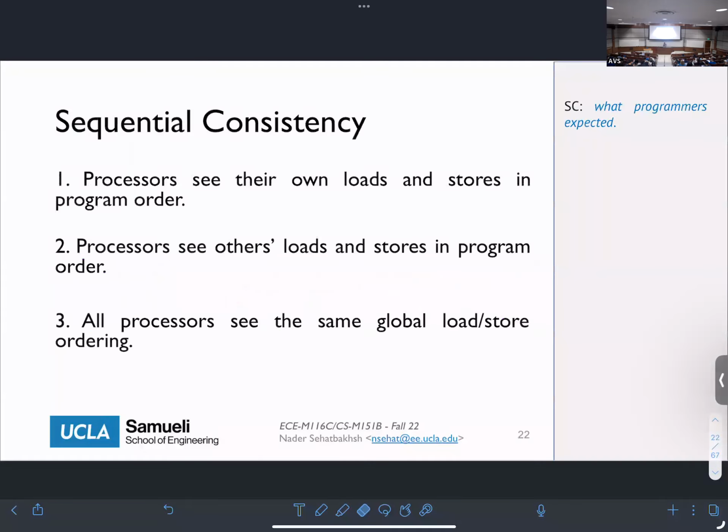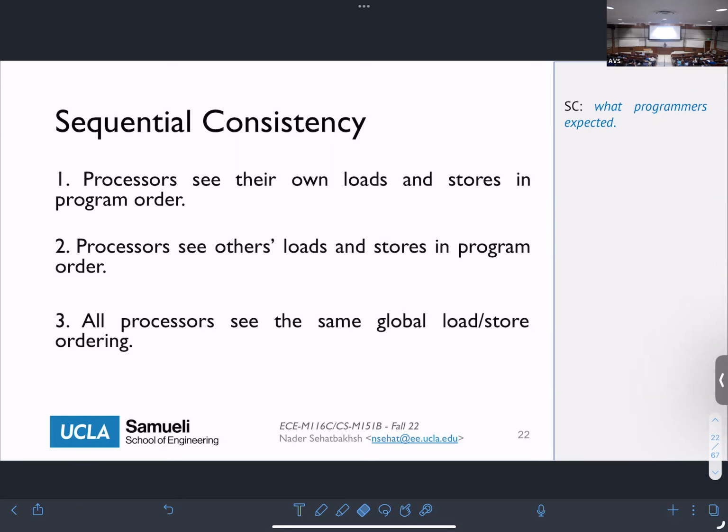All right. The first model, which is typically used and is a very strong memory or consistency model, is what we call sequential consistency, or SC. This is basically what we expect, and what you guys expected as well: if we have loads and stores within one program, the processor will see those loads and stores in the same order that we wrote them.